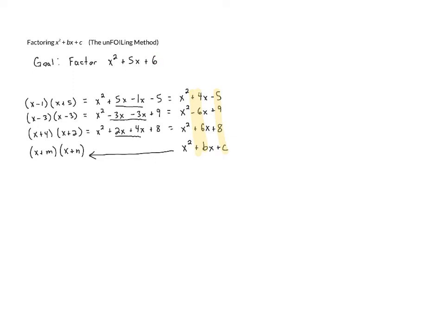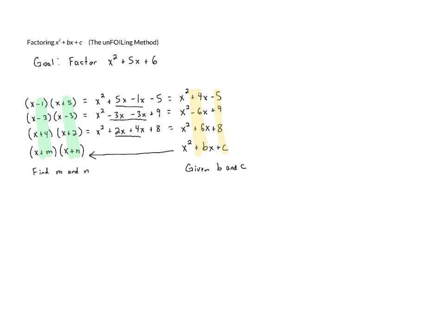And we need to somehow use those to figure out the values of m and n. So given these two numbers, b and c, what we need to do is find m and n.